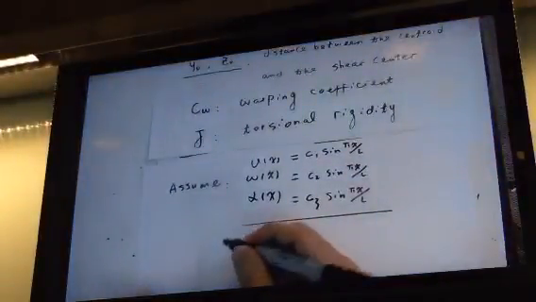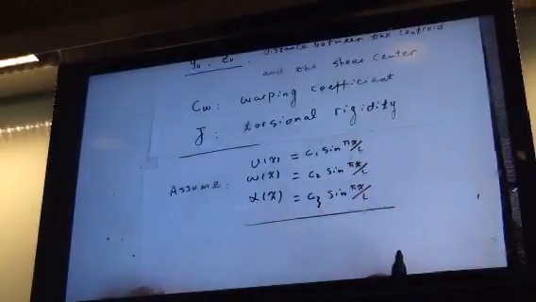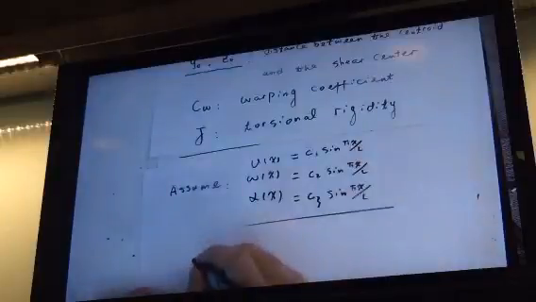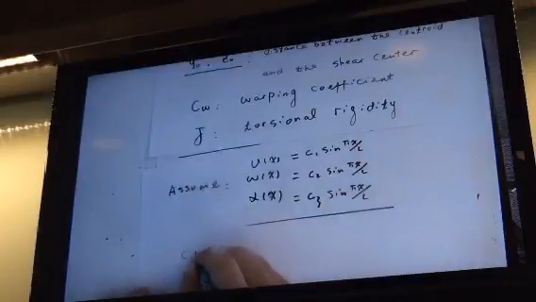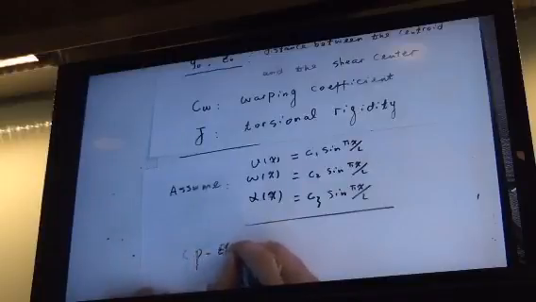If you substitute these 3 functions into those 3 equations, because we are trying to figure out C1, C2, and C3, you get the first equation, P minus EIZZ.